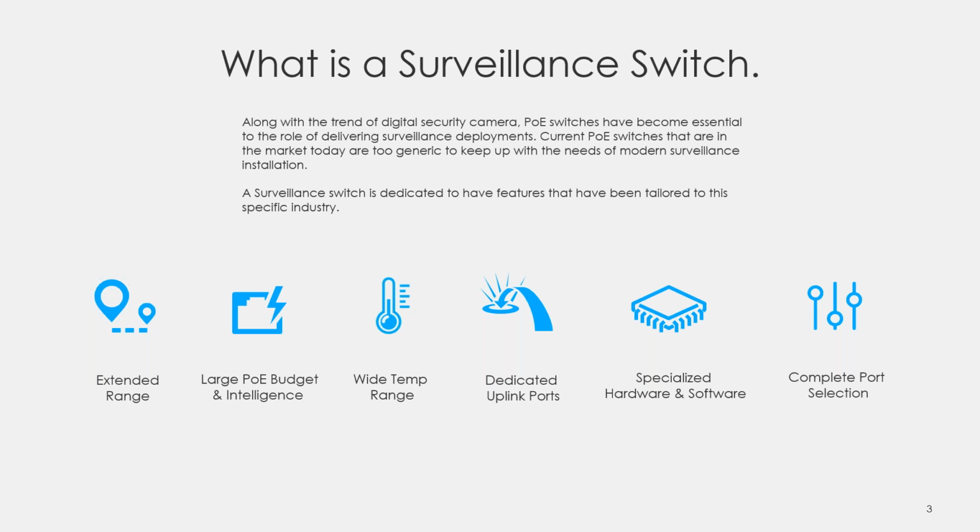Dedicated uplink ports, so we do not have to consume our PoE ports for the uplinks between the switches. Specialized hardware and software, which usually hasn't been on security switching. And of course, the software features going along with these.